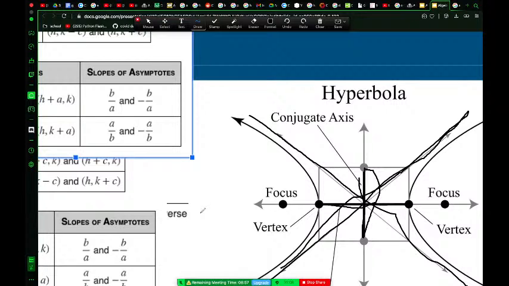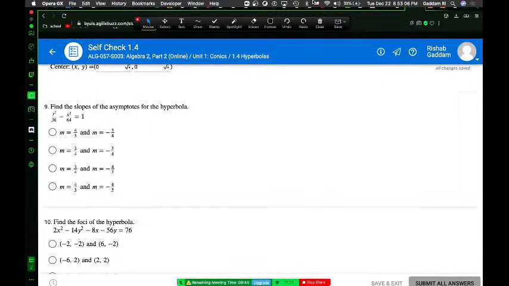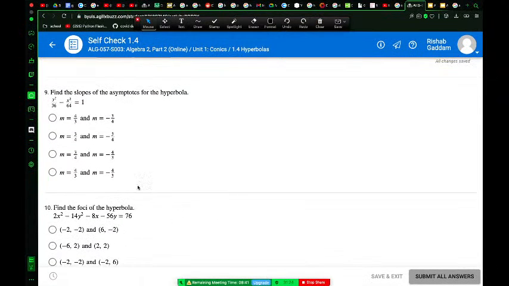You can get that by this equation right here. It's b over a and negative b over a. Let me clear the screen and write it down. The slopes of the asymptotes are b over a and negative b over a.